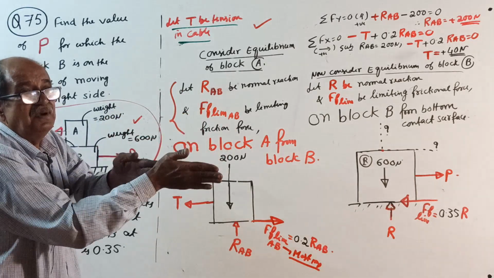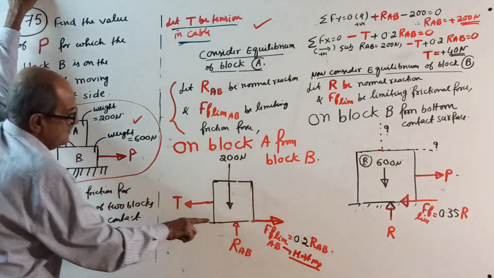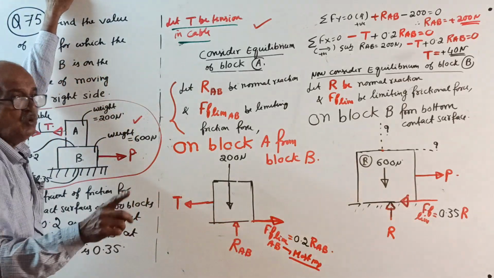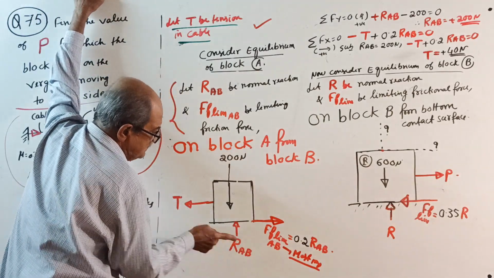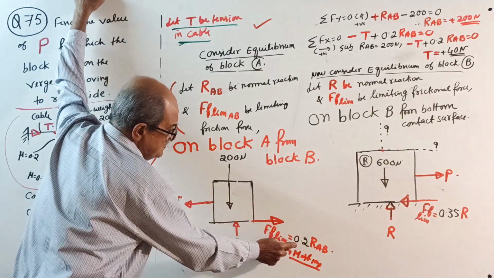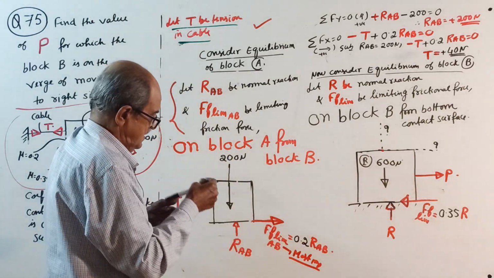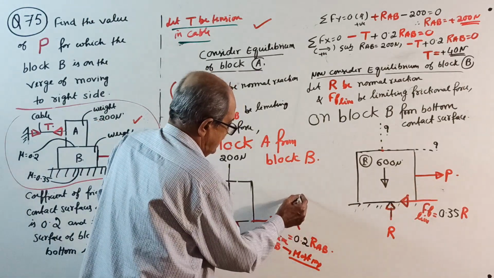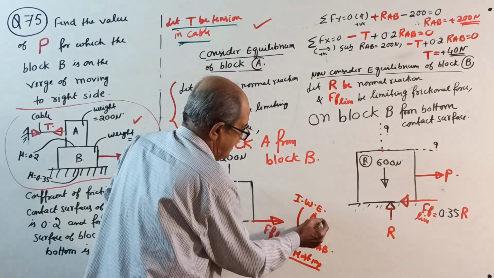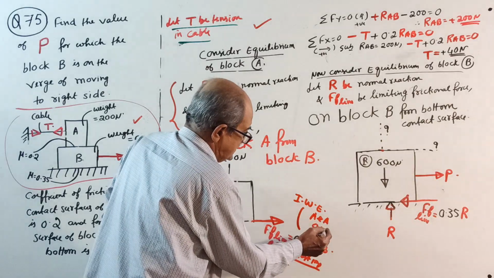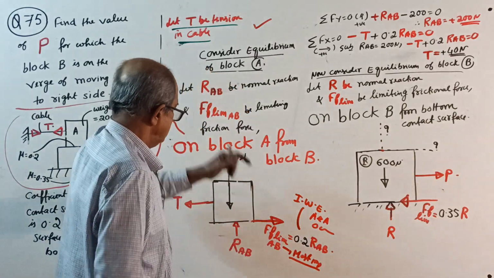So that is this way. I will explain more once again later. RAB I won't explain again. Now, write this much.